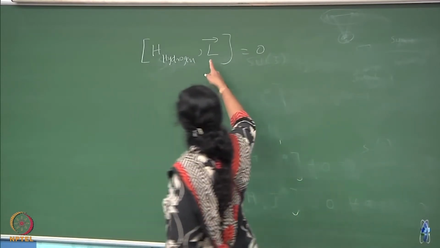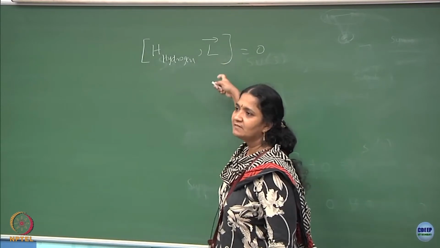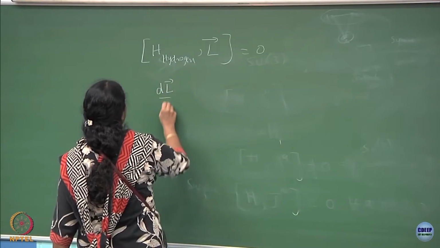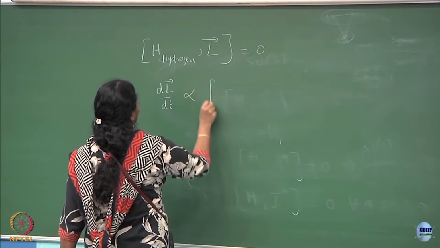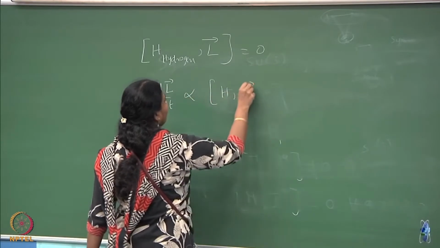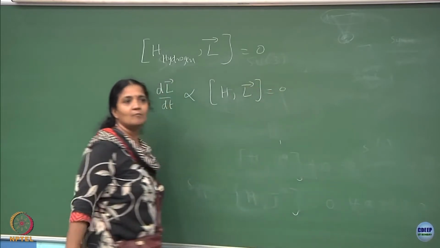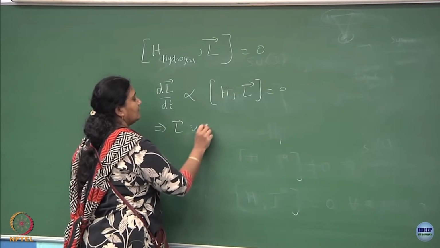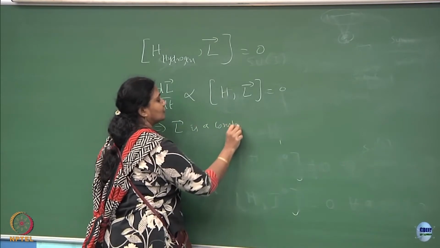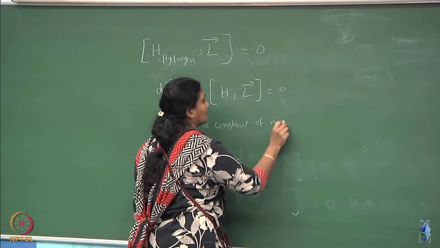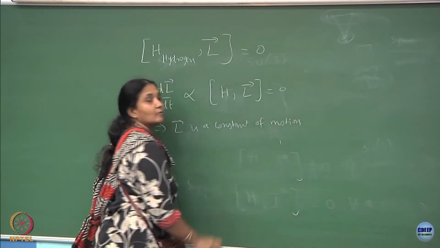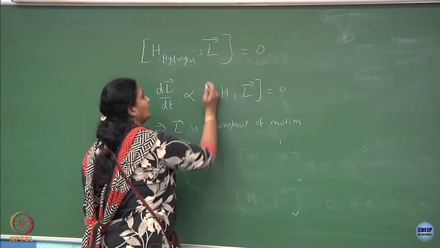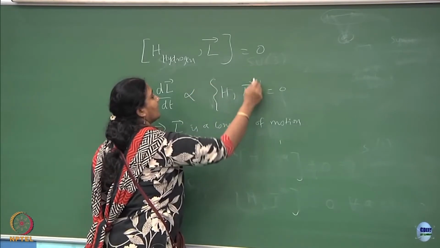Equivalently, we say that the angular momentum is conserved in classical mechanics by showing that dL by dt, which is proportional to the Poisson bracket of the Hamiltonian with L, is 0, which implies that L is a constant of motion. Okay. Is that right? You would have a Poisson bracket in classical mechanics, not a commutator.